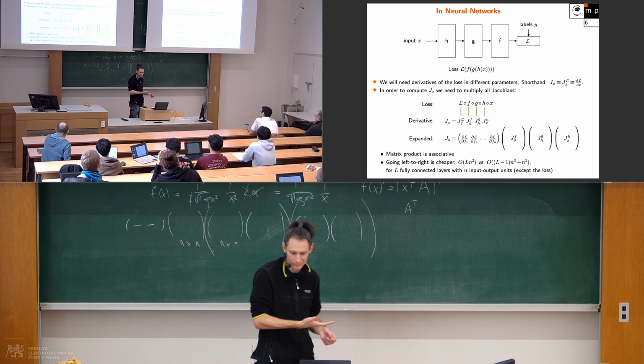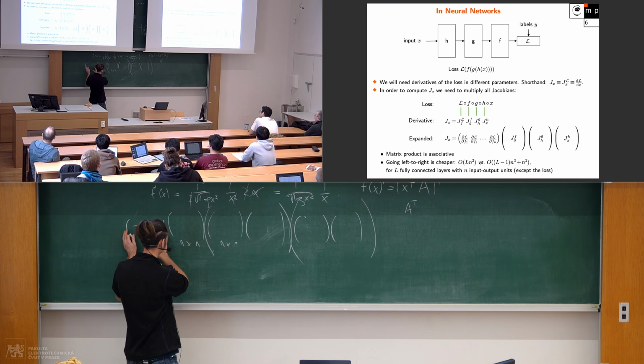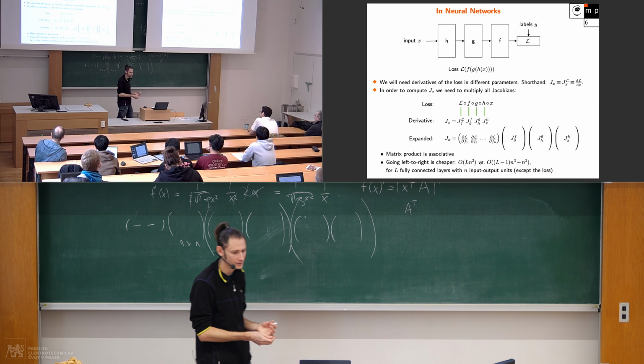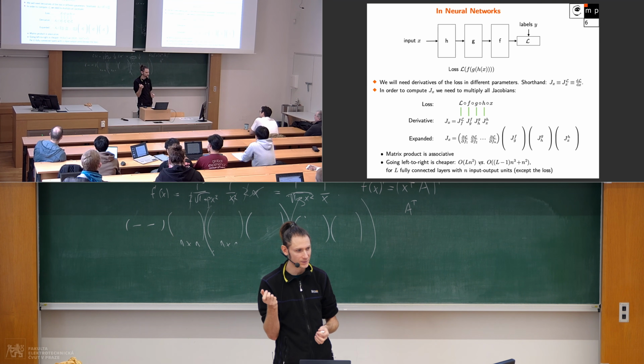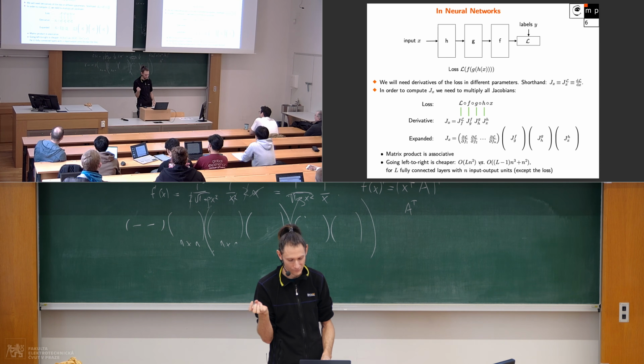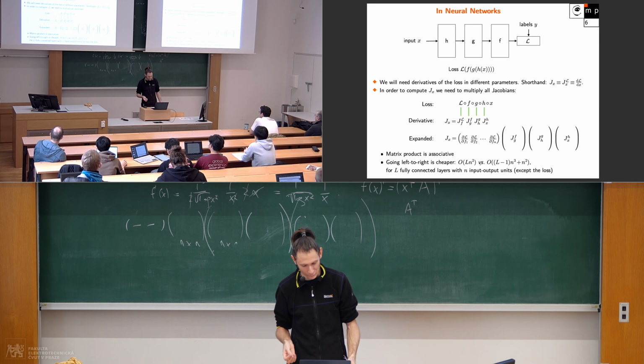And only for that reason we are doing it like this. So this is done in this specific order. It is why it works, because we have a scalar valued function of which we want to calculate the derivative. And then it's convenient, or cheaper, to compute it in this way.